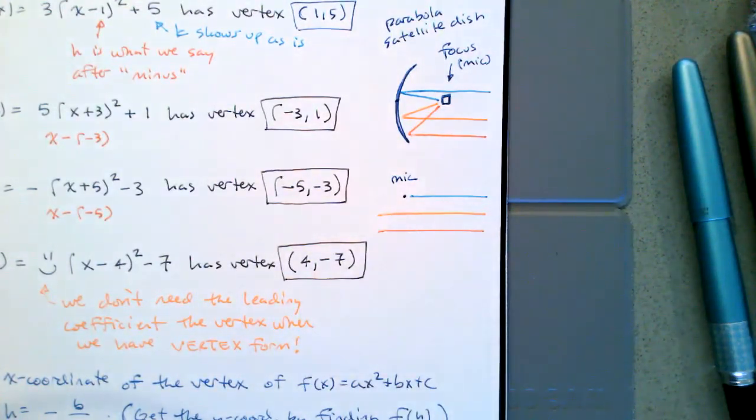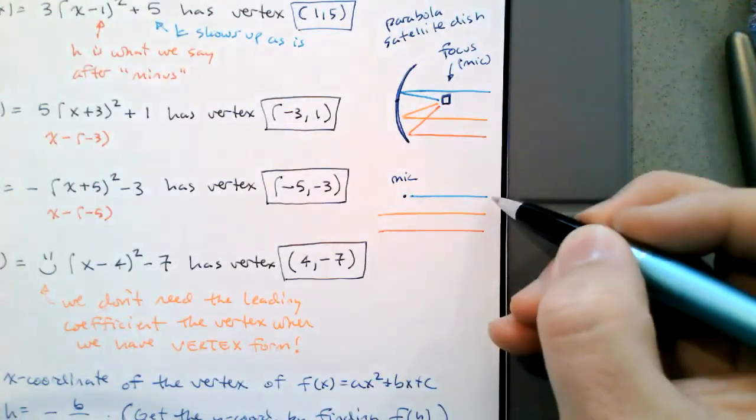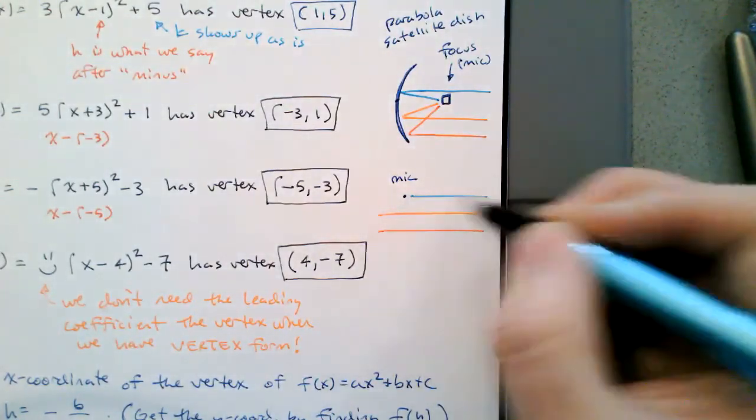Depending on how directional your microphone is, it's going to pick these background sounds up a little bit, but you're really going to have to be talking right at it to pick up a sound wave coming in.